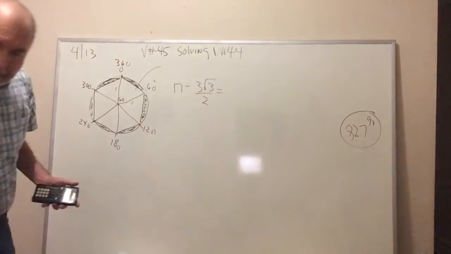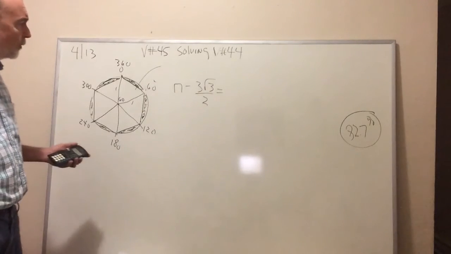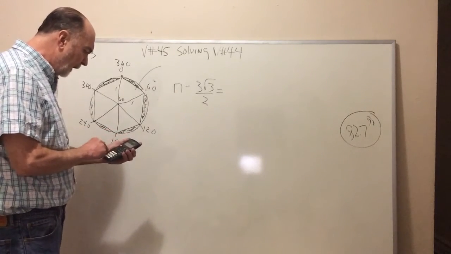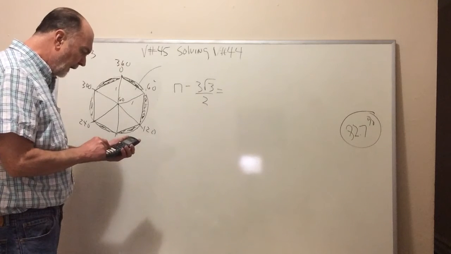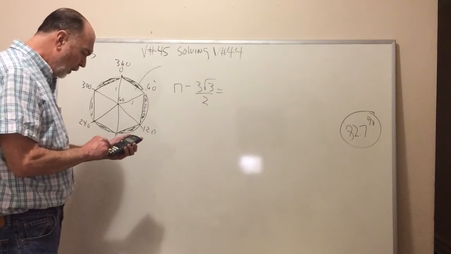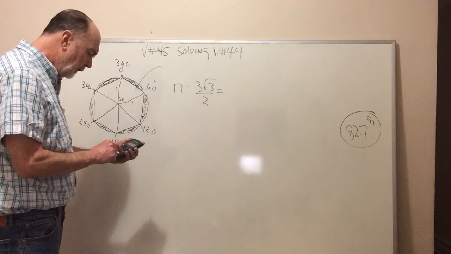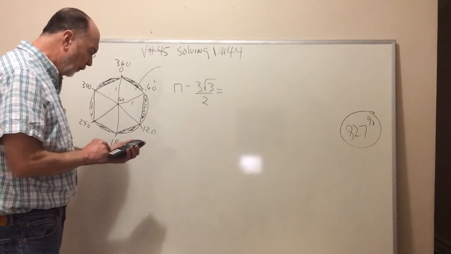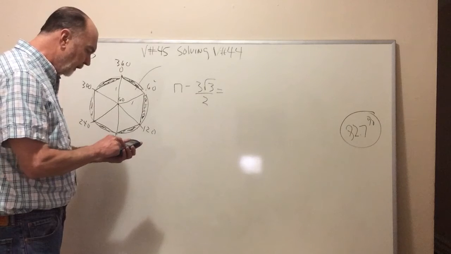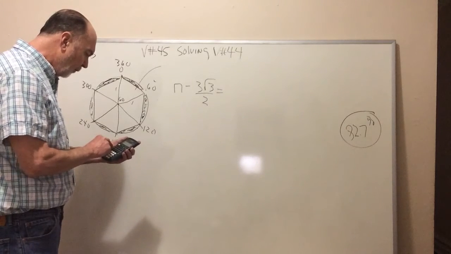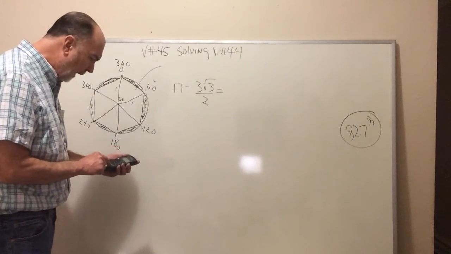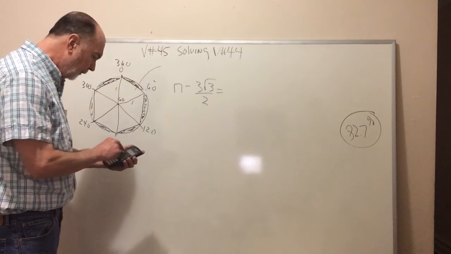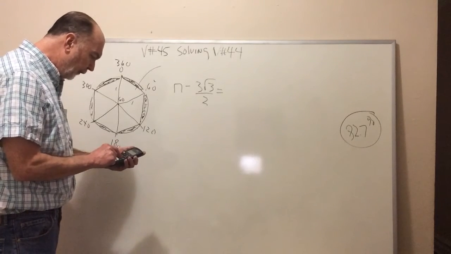I'm going to calculate it, even though I'm not particularly interested in the number itself. I'm interested in the idea, and I clear out here, and I have pi minus 3 times radical 3. Oh, I hit the wrong number there. Sorry about that. Here, we'll try one more time. Pi minus, the light here is very poor, 3 times radical 3.